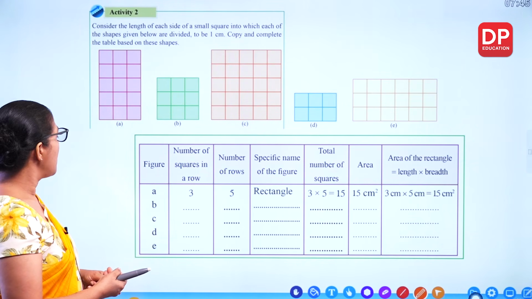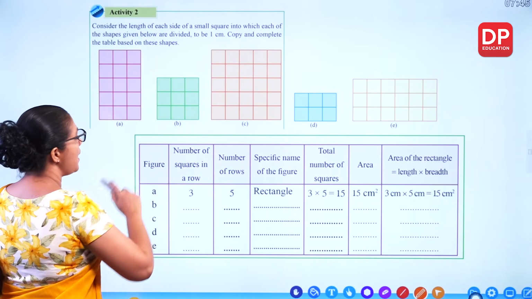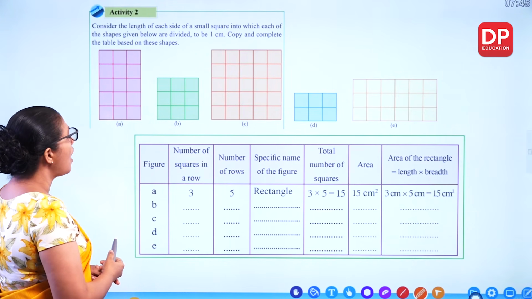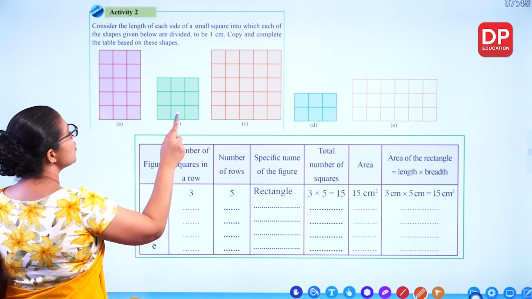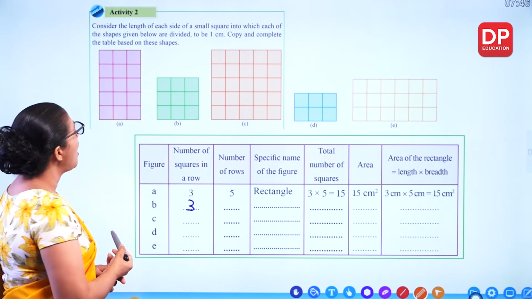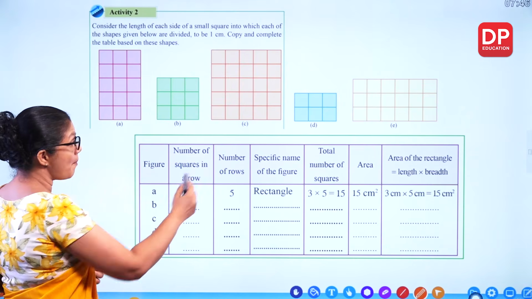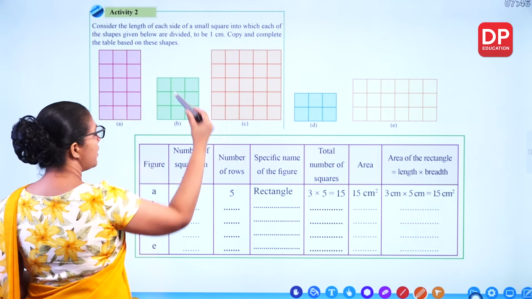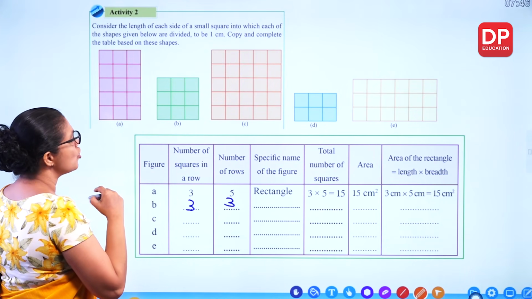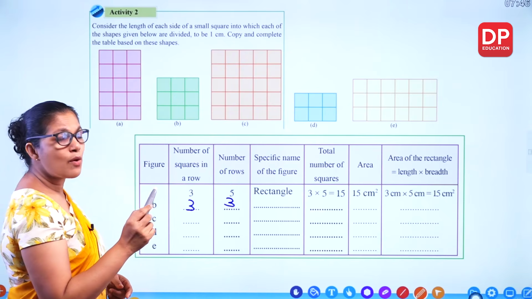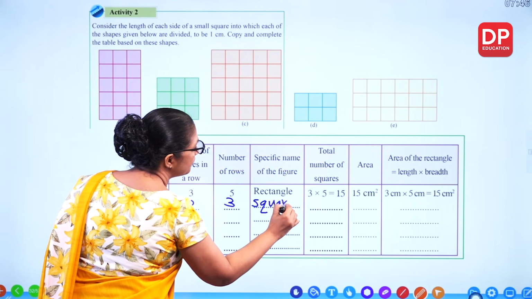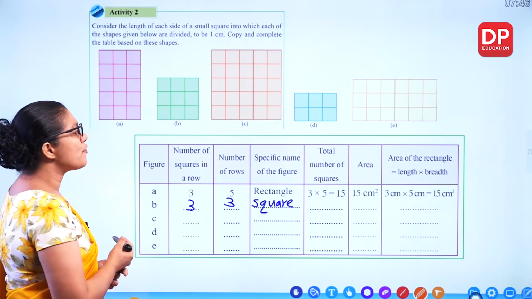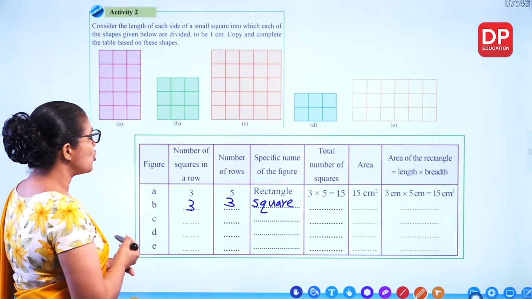Now we'll do the second figure B. Number of squares in a row. 1, 2, 3. So number of rows? 1, 2, 3. So what's this shape? All sides are equal. This is a square. So total number of squares, how do you do?